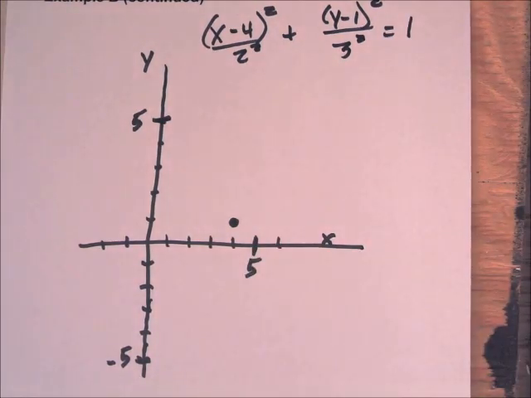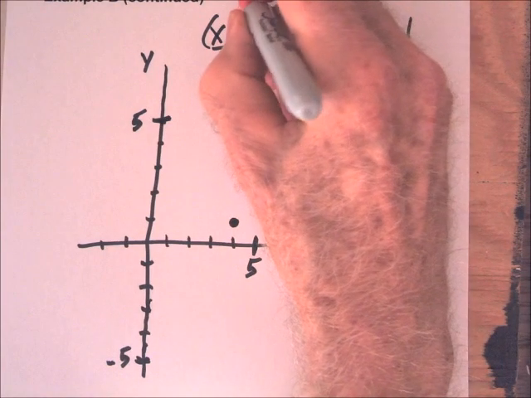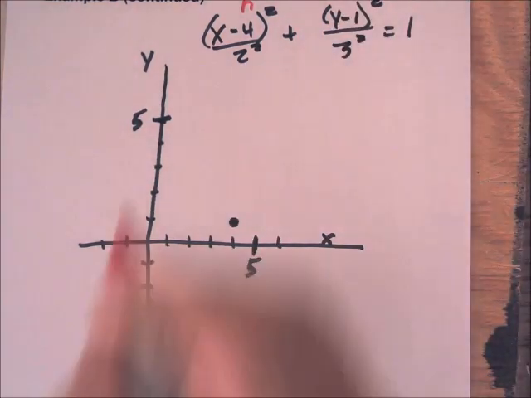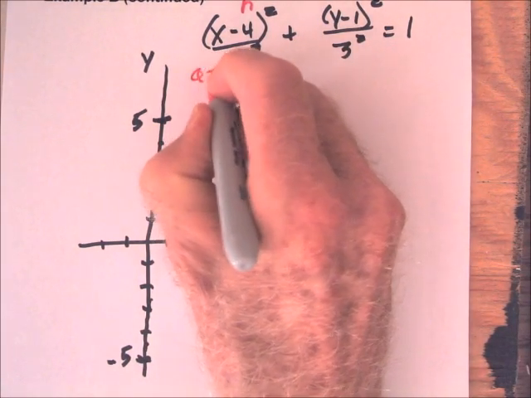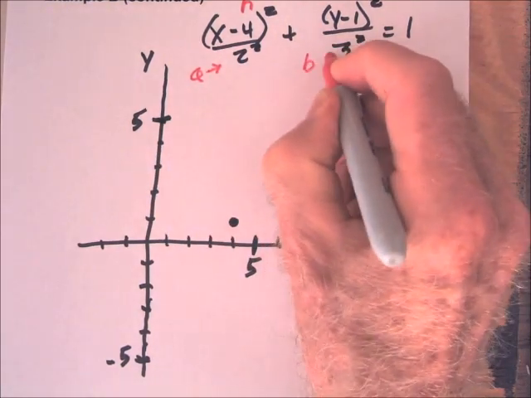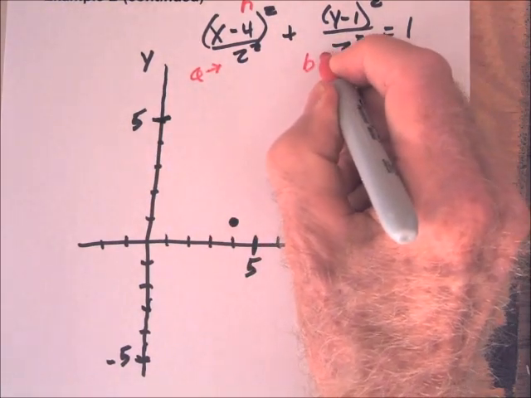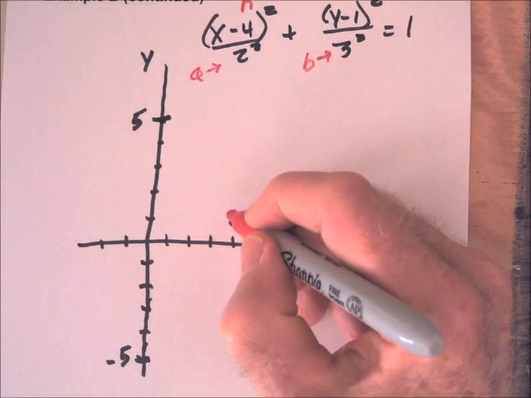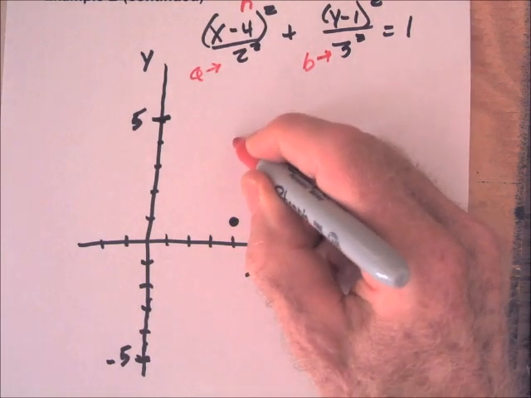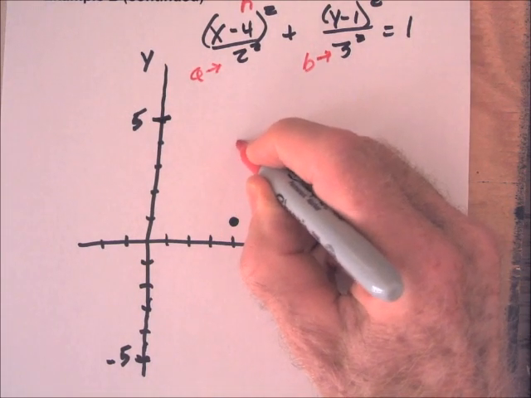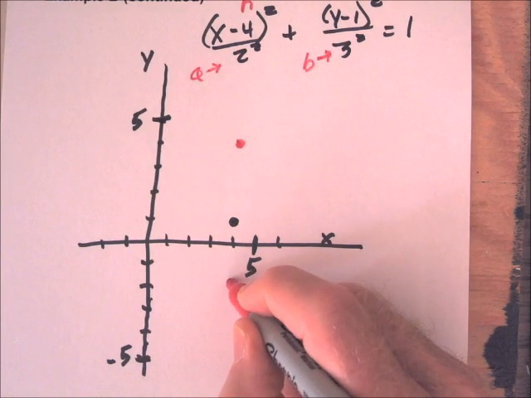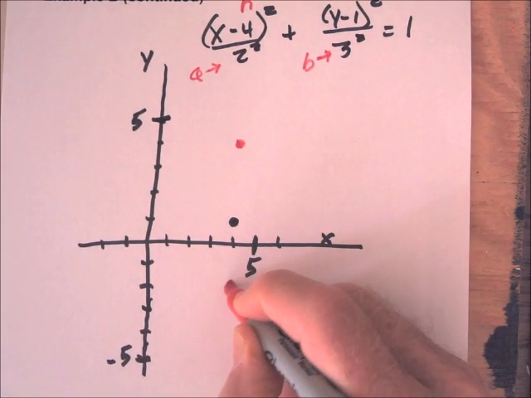So the center (h, k) is (4, 1), and a is 2, b is 3. So the radius in the y direction is 3. From the center you go up 3, so that's this point here, and you go down 3. So 1, 2, 3. It's about right here.